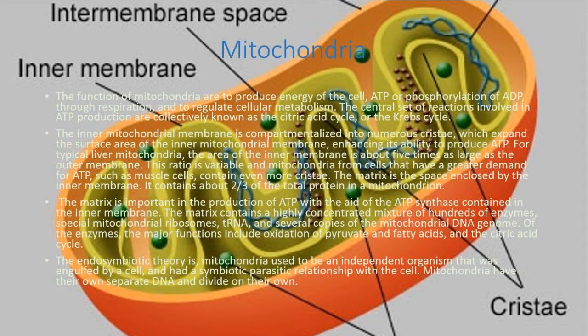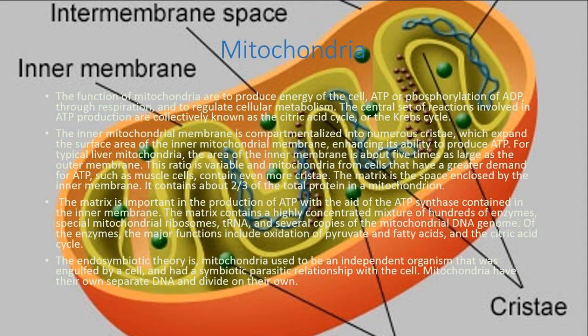The central set of reactions involved in ATP production are collectively known as the citric acid cycle or the Krebs cycle. The intermembrane space is the space between the outer membrane and the inner membrane.